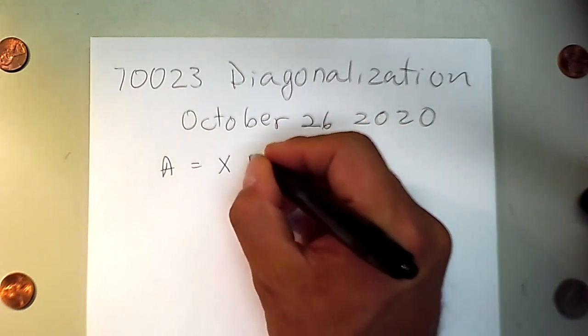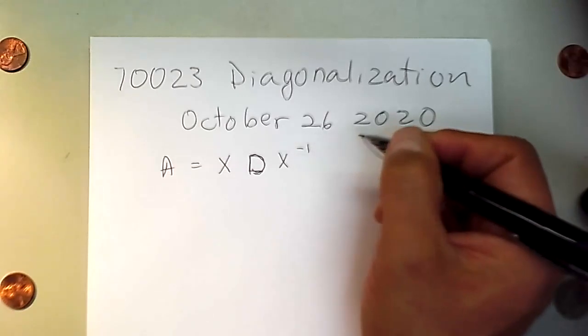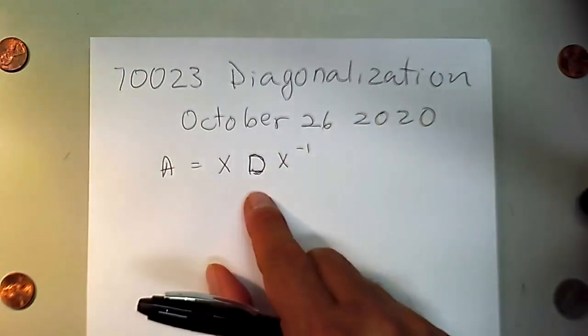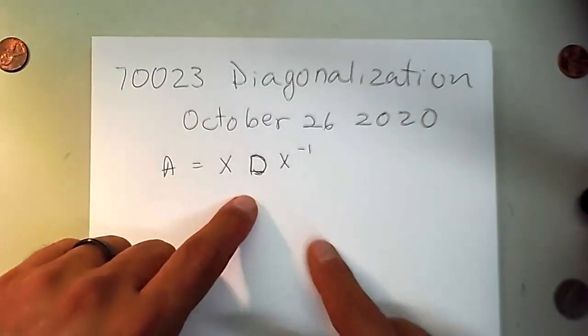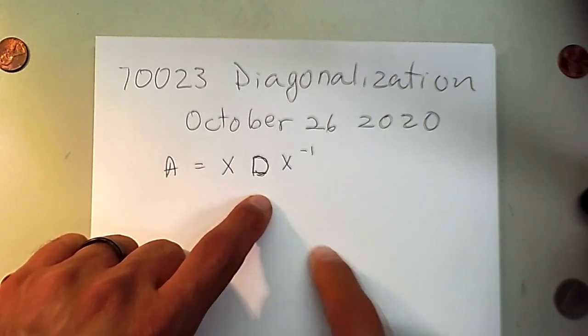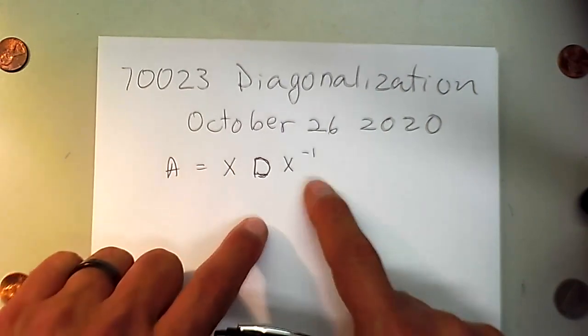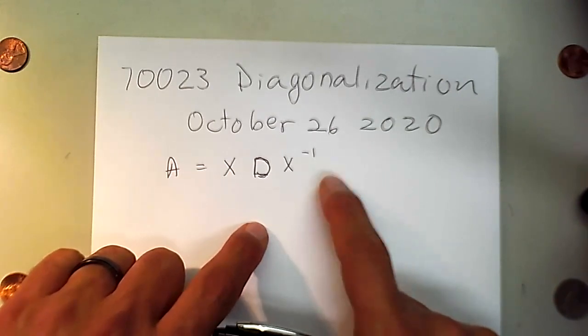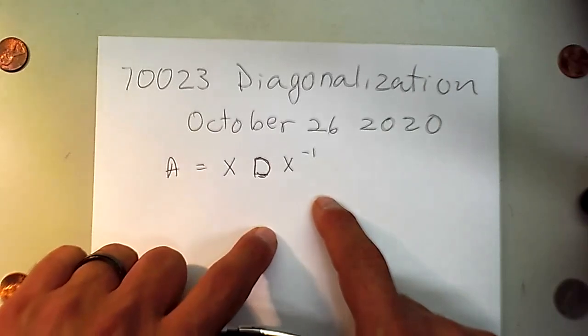Actually, let's change this to D, because that is going to be a diagonal matrix. That means that the entries on the main diagonal are going to have some values, possibly some of them could be 0, I suppose. But then the entries above it and below it are going to be 0.